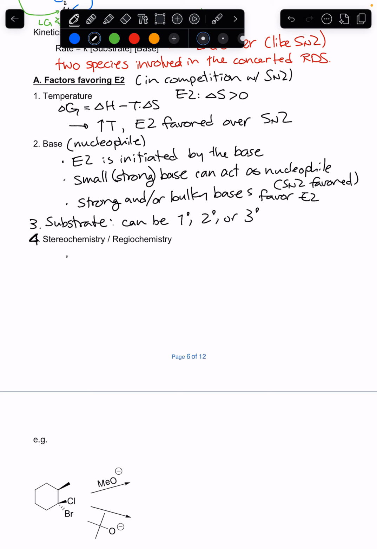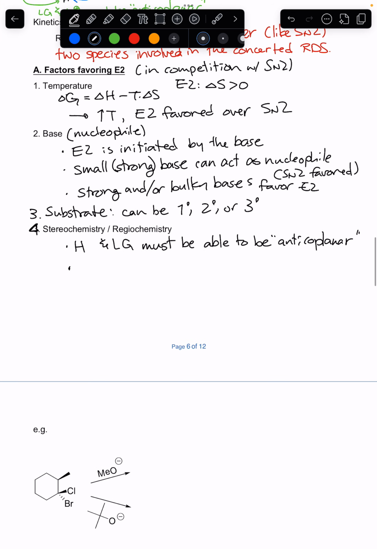Okay. For E2 to happen, the hydrogen and the leaving group must be able to be anti-coplanar. And we'll look at an example of that, but within the E2 reaction, the Zaitsev product is preferred if you're going to use a relatively small base.